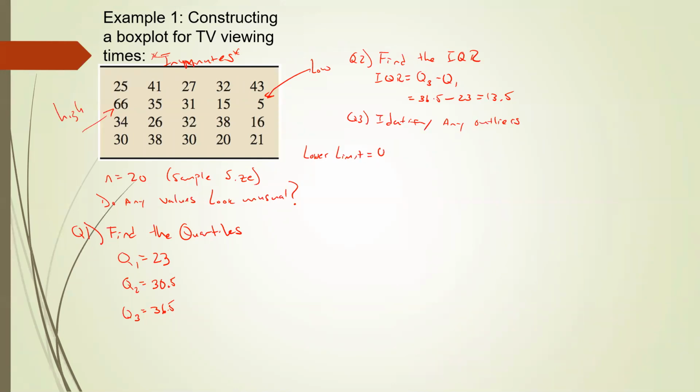The lower limit is quartile 1 minus 1.5 times the IQR. Quartile 1 is 23, minus 1.5 times this interquartile range you just found. Can anybody with a calculator plug that in for me and tell me what they get?